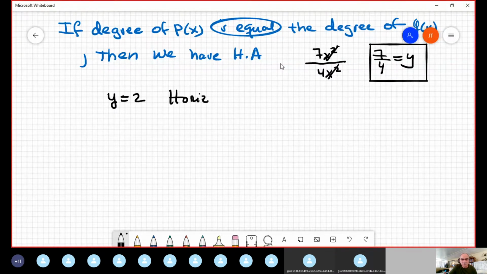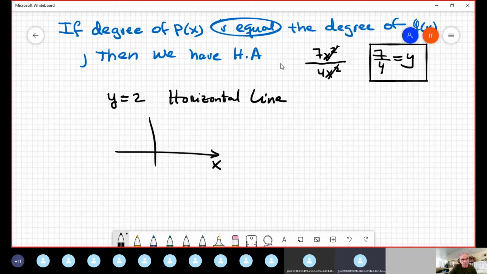Yes or no? Do you remember? Yes, I remember. Okay. The thing I tried to explain is that the equation y equals 7/4 is also a horizontal line, and this is a horizontal asymptote. Okay, now I understand. Thank you.